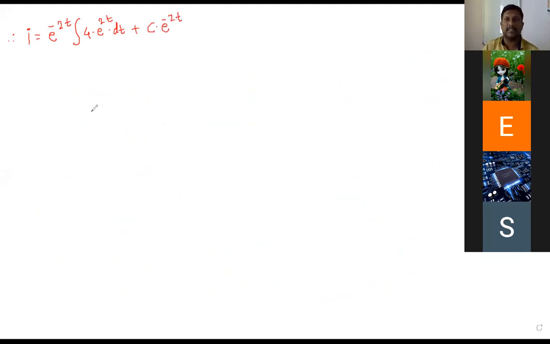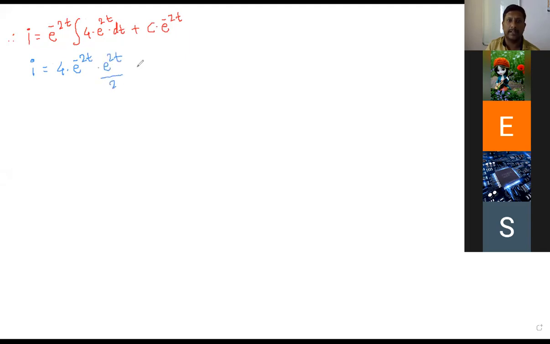Now solve this integration. What are you getting? I is equal to e raised to minus 2t, integration of 4 you can take outside, e raised to 2t with respect to t. Let's do the integration once more, no problem. e raised to minus 2t as it is. Integration of e raised to 2t is e raised to 2t divided by 2.